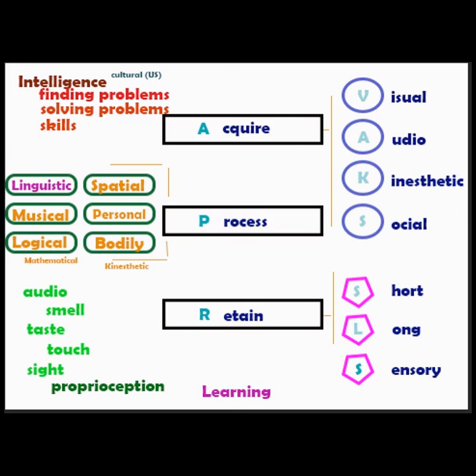Why? Because we want a kinesthetic, a bodily kinesthetic, a touch, a proprioception, some episodic. We want some sort of different part than just reading comprehension and filling out bubbles.